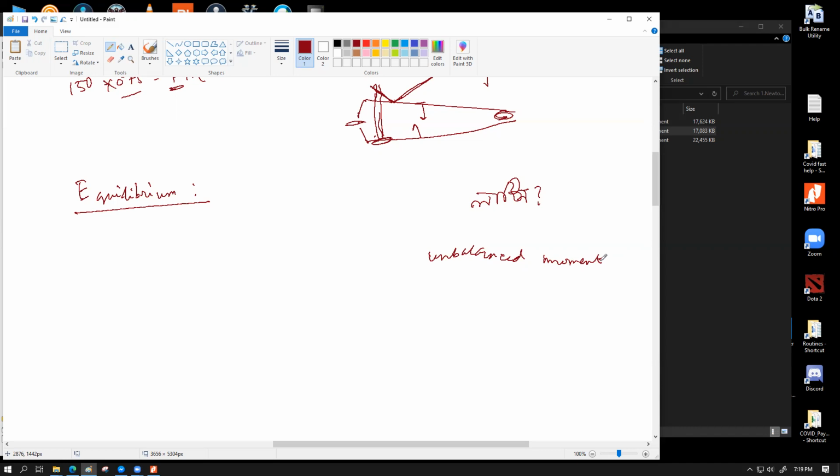This is an example of a balanced or equilibrium scenario. So what I'm trying to tell you, moving objects can be at equilibrium. Rotating objects can also be at equilibrium. Objects which are not at equilibrium are either accelerating or they are speeding up in their rotation or slowing down in their rotation. Change of state is what makes it not in equilibrium. Unchanged state means in equilibrium.